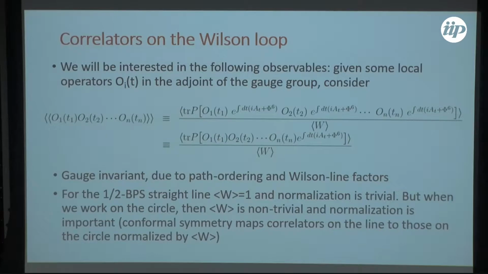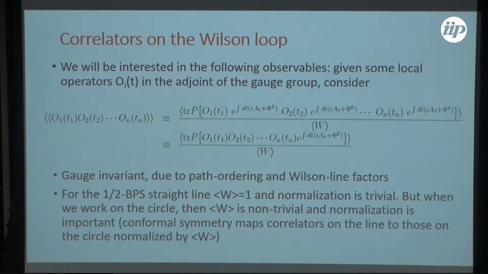But as we'll see soon, this kind of object has the structure of correlation functions in a one-dimensional CFT. So I'll often just use this notation with double brackets, implicitly remembering that this is defined in this way in terms of the Wilson line.